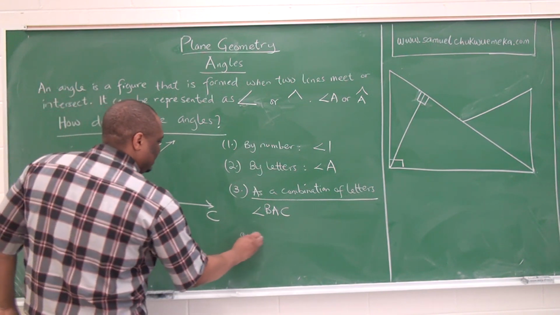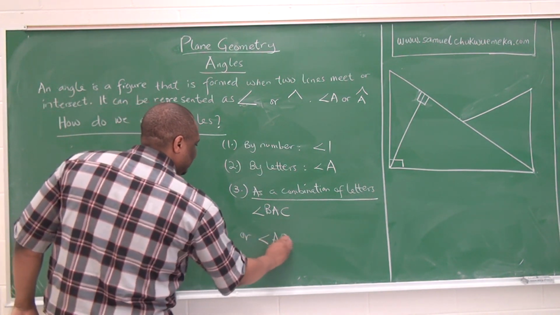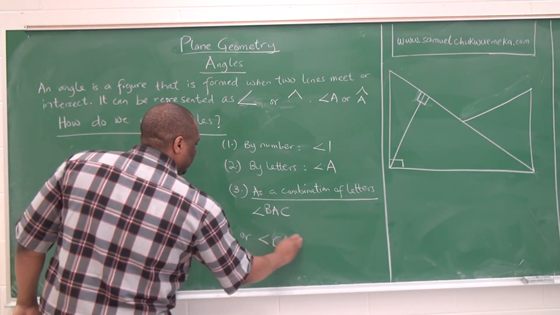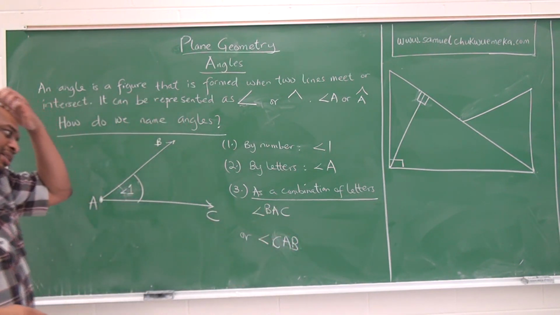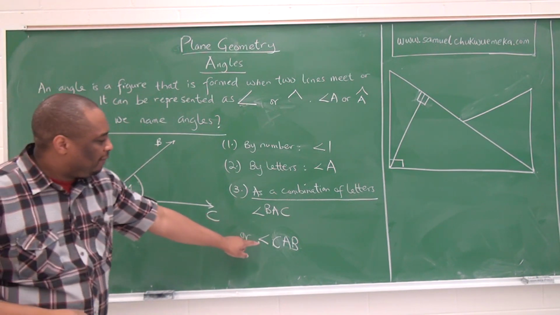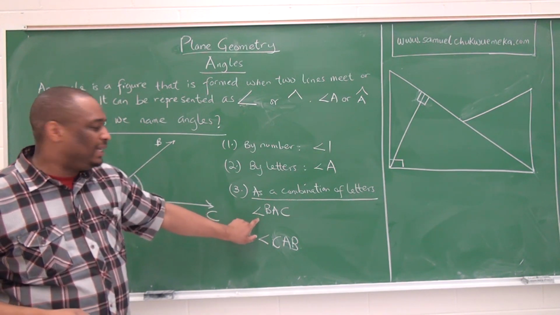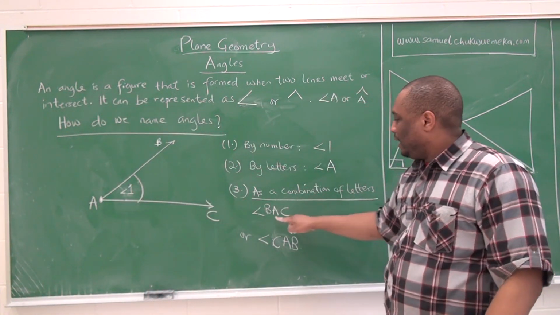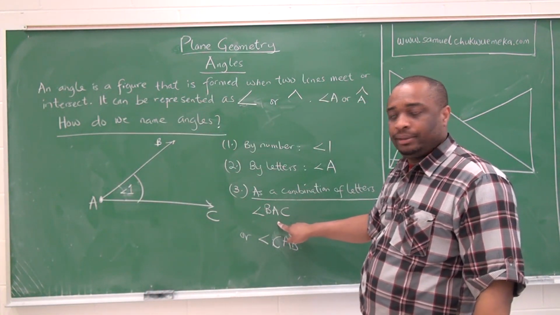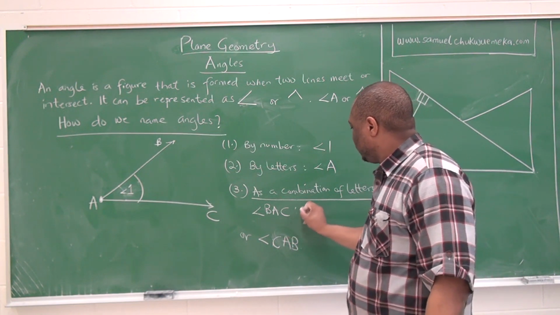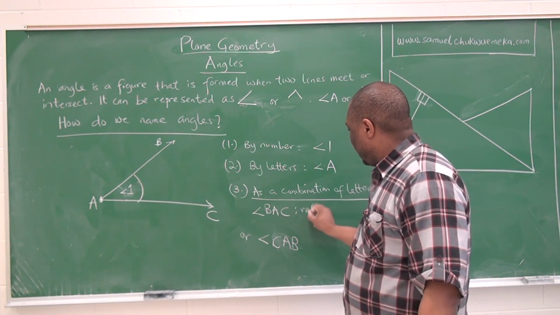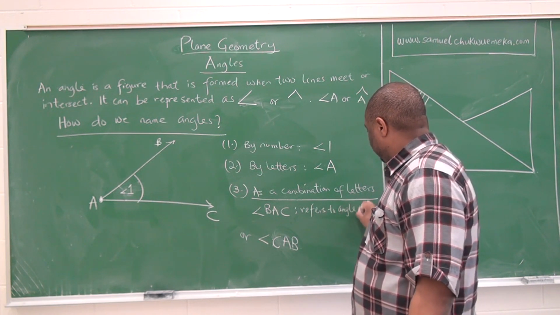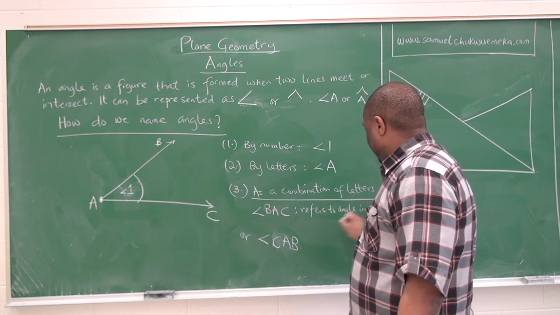Or I can say angle CAB, because this refers to the angle in the middle. If you write it this way, it means the angle in the middle. So this means that I'm referring to angle A.